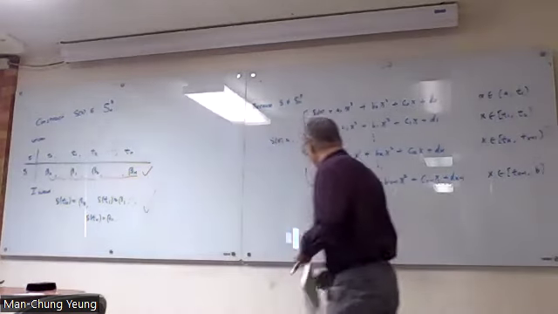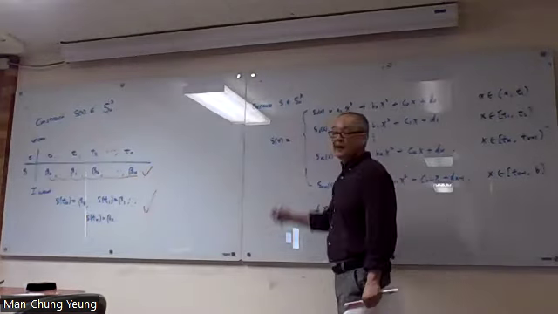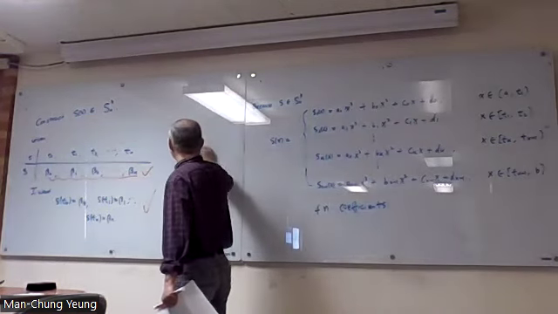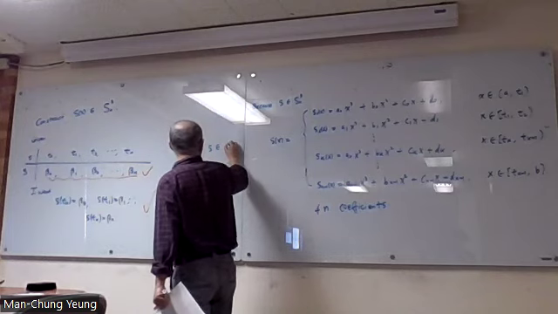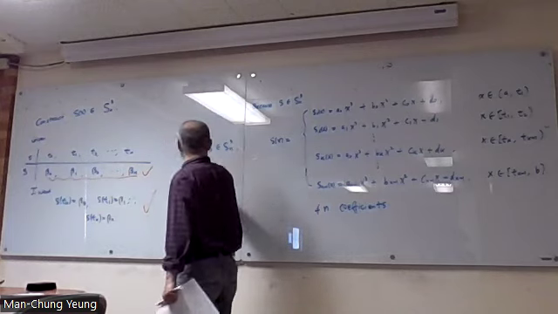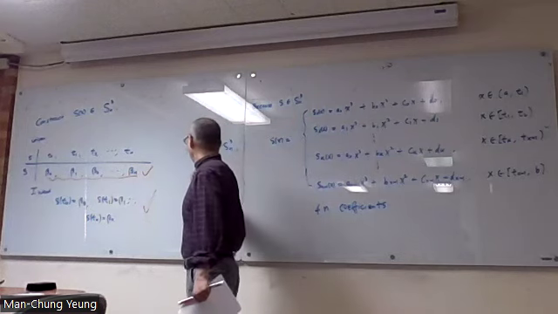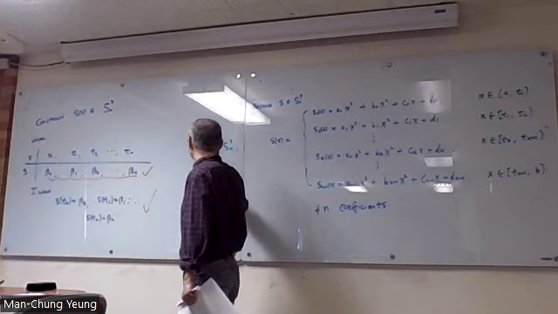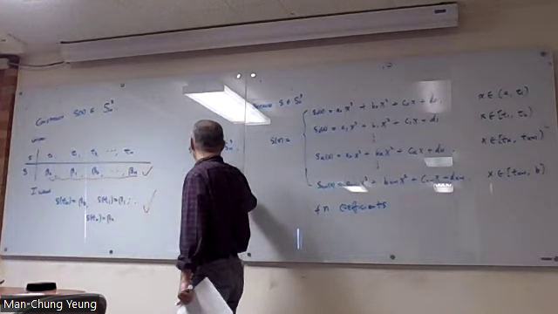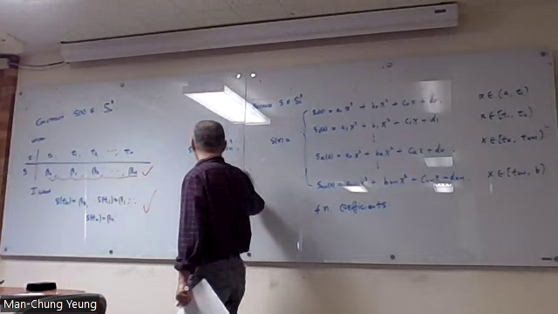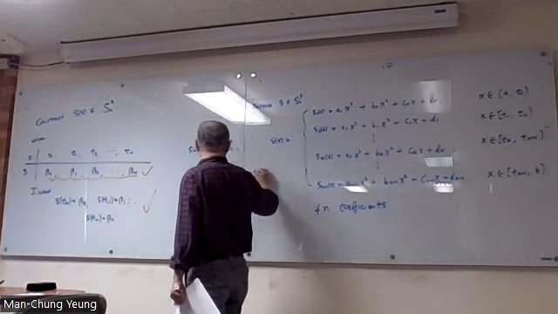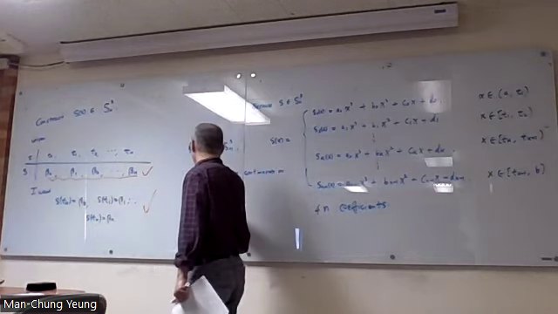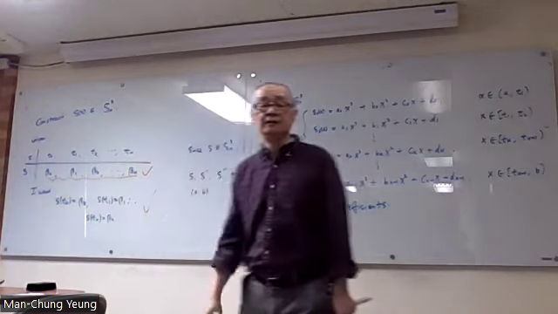Now, S is a cubic spline. Since S is a cubic spline, S is continuous, the derivative is continuous, and the second derivative is continuous on the interval [a, b], everywhere continuous.